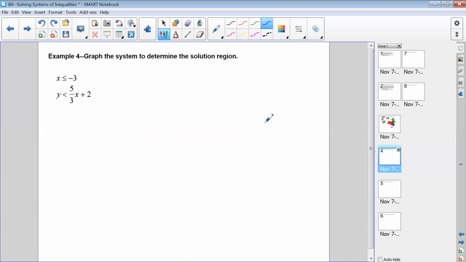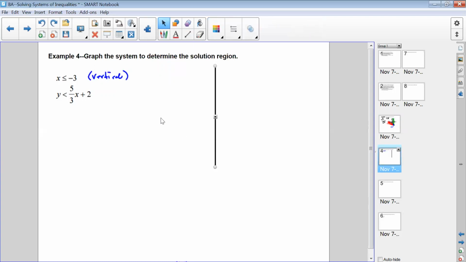So let's look at a second one. Both of them are in slope-intercept form, except that this top one, there is no y equal, so it's just x. So we know we're going to have a vertical line. So where is my vertical line?